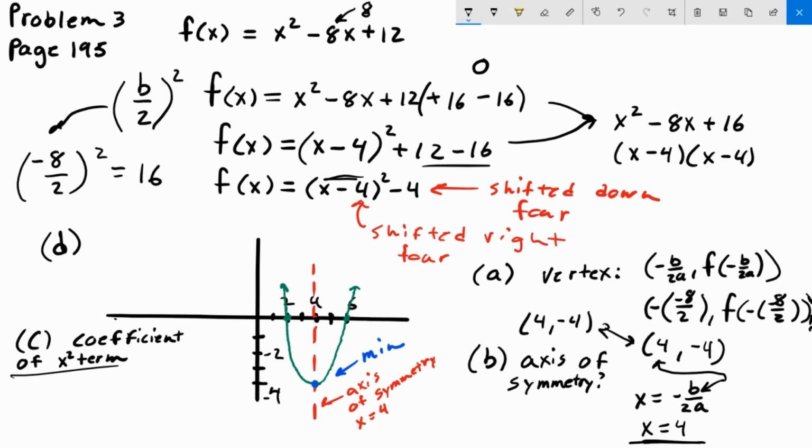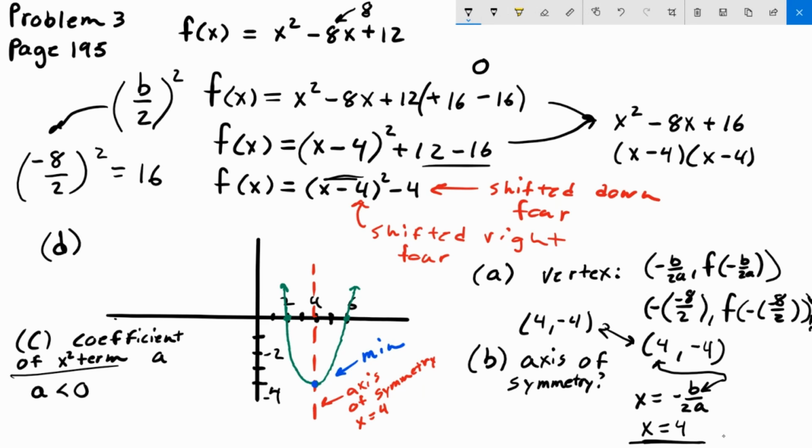So the coefficient of the x squared term, a, is what will determine whether this is a minimum or a maximum value. So if you have an a value that is less than 0, that means that your function is opening downwards, meaning that all values of x plugged into the function other than the actual vertex will give values less than the value of the vertex.